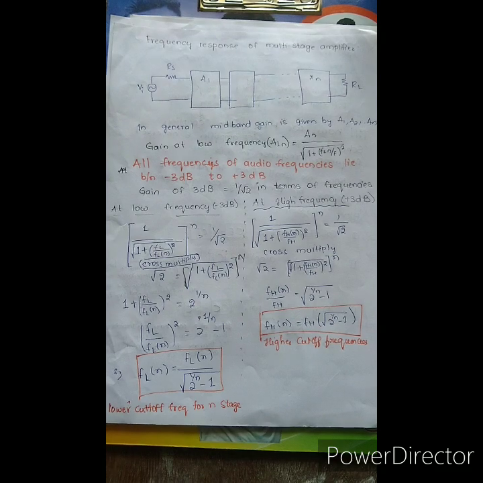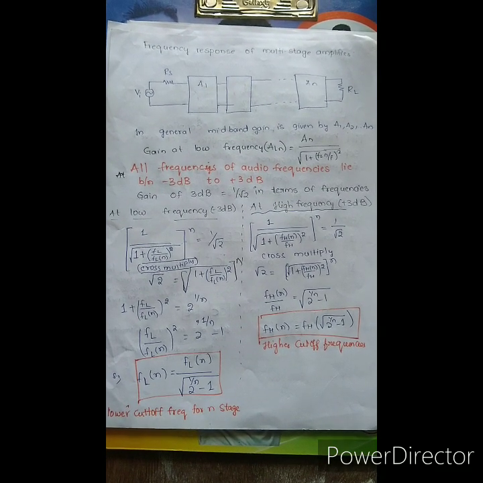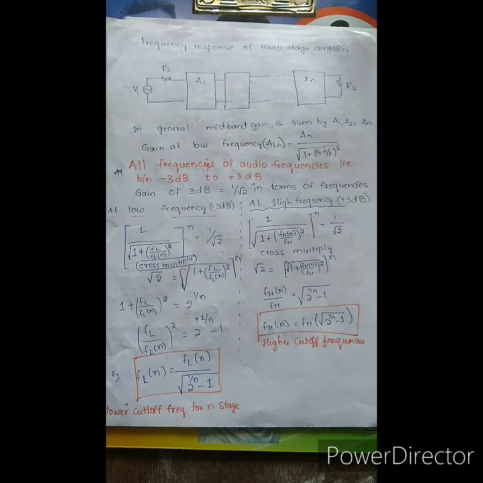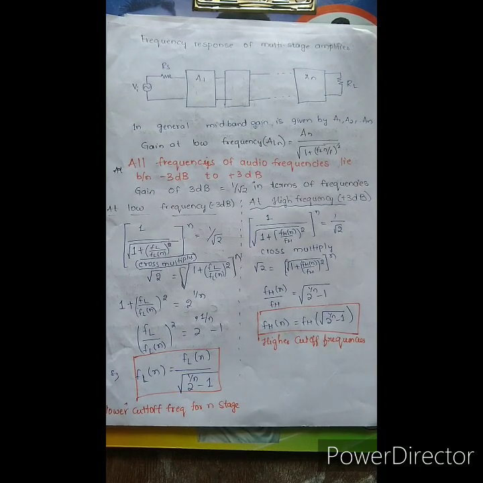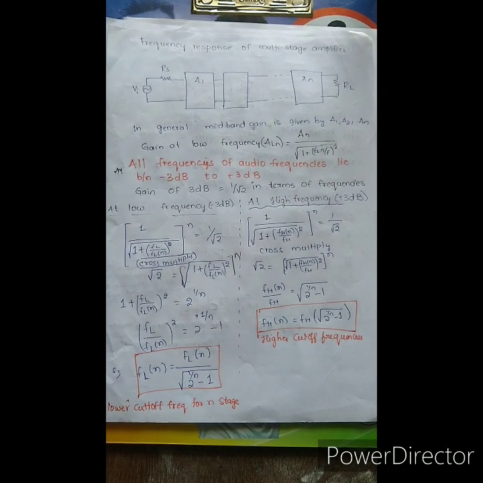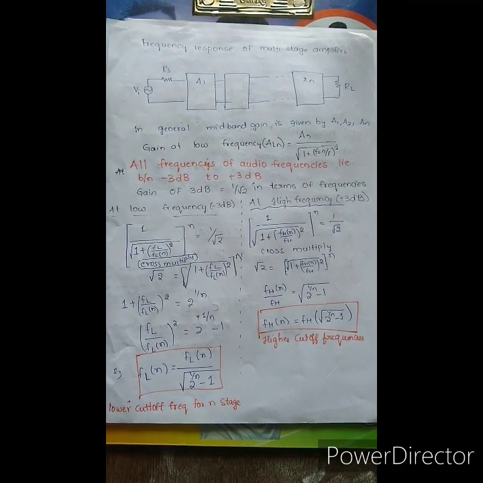Hi friends, until now we have observed the frequency responses when two amplifiers are connected using a coupling device. Now we shall find the lower cutoff frequency and higher cutoff frequency when n multi-stage amplifiers are connected back to back.